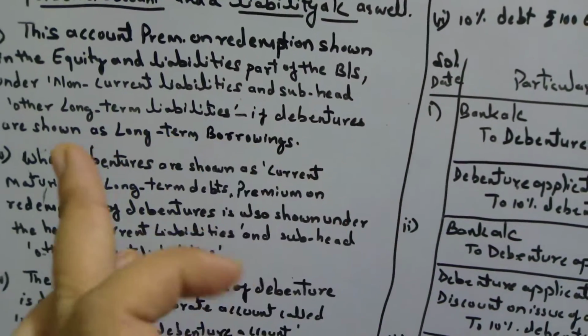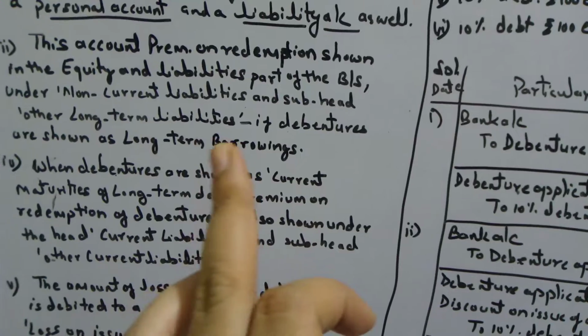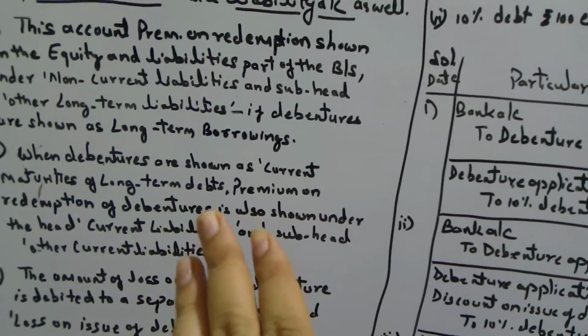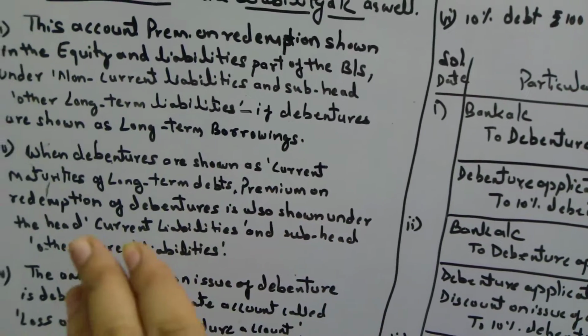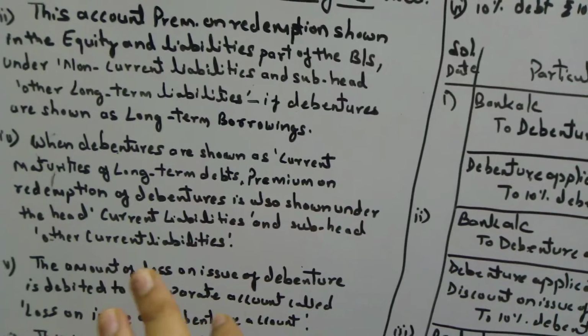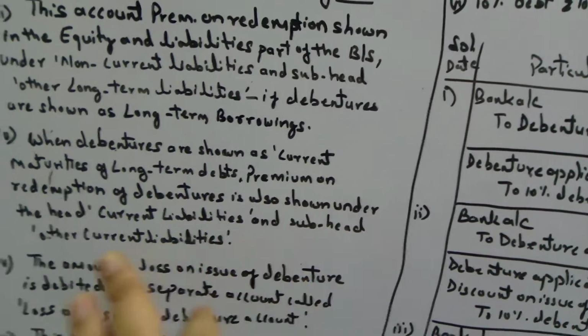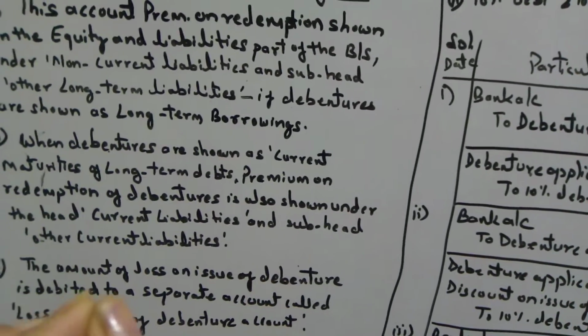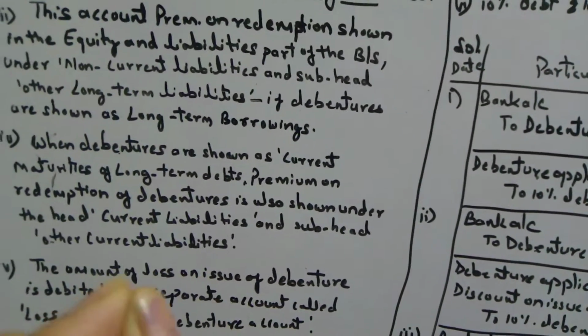Now this is about when it is treated as a long-term liability. Now when debentures are shown as current maturities of long-term debts, premium on redemption of debenture is also shown under the head current liabilities and the subhead other current liabilities. In simple and understandable language, you can just go through and understand where you have to show.